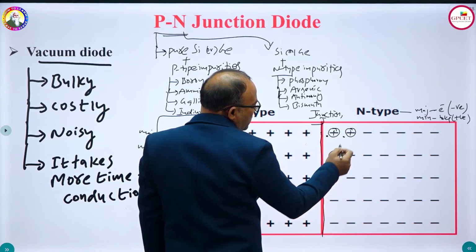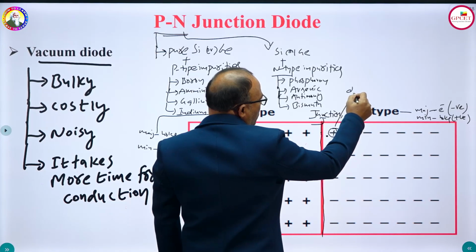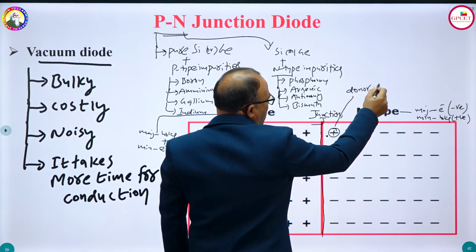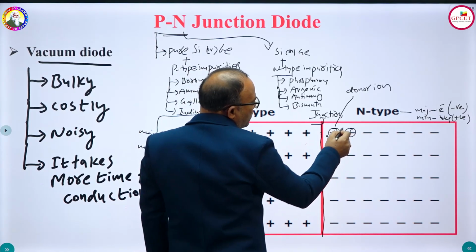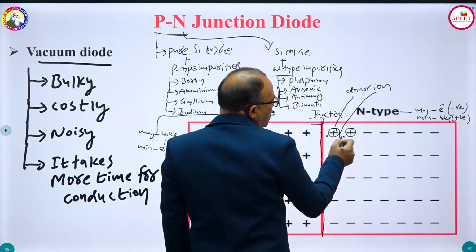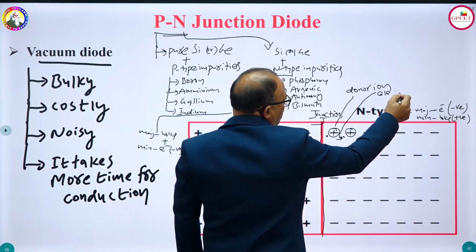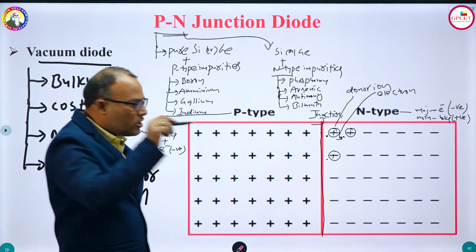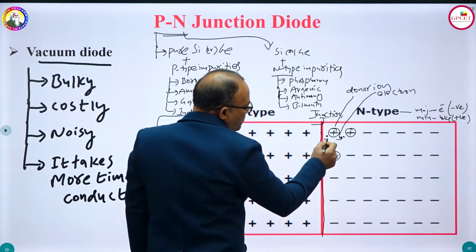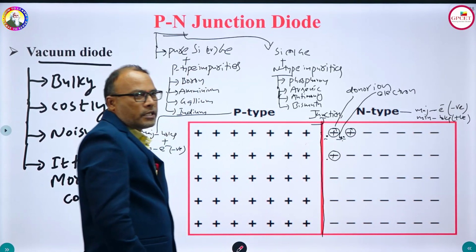This is called a donor ion, and this dot is called an electron, a negatively charged particle.